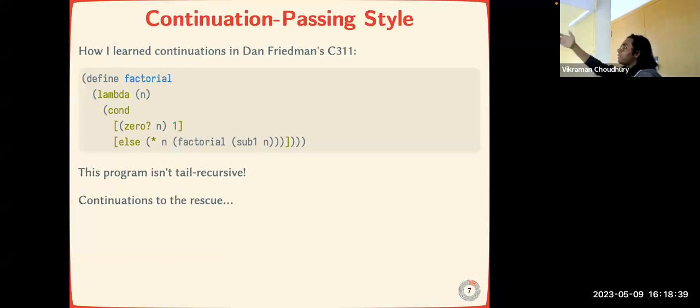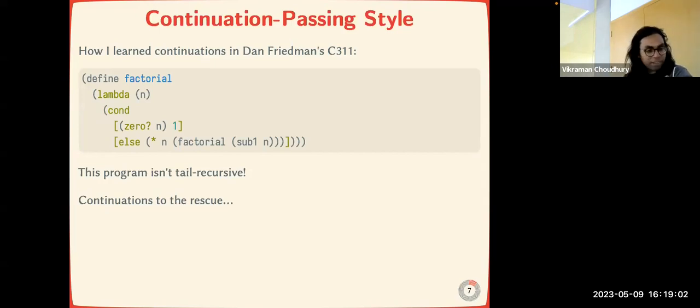You take the mathematical definition and write it like this, but then you realize it's slow because it's not tail recursive. If you call factorial with a large number, it grows the call stack and has to wait until it reaches factorial 0 and then goes up. It's not tail recursive because factorial is called in a position where it's waiting inside a computation.